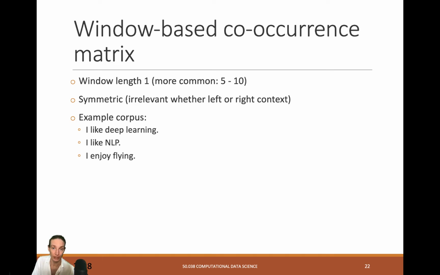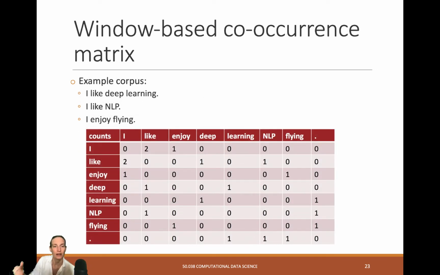So let's have a look at window-based co-occurrence. In case our window length is 1, this is just for ease of explanation. More common is window length 5 to 10. And we're looking at symmetric, so we don't care if the word next to it is before or after. Let's have a look at how we would calculate a window-based co-occurrence matrix on this example corpus here. I like deep learning, I like NLP, I enjoy flying. This is our data set. So, how to represent this?